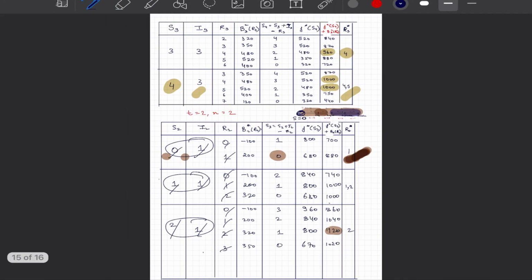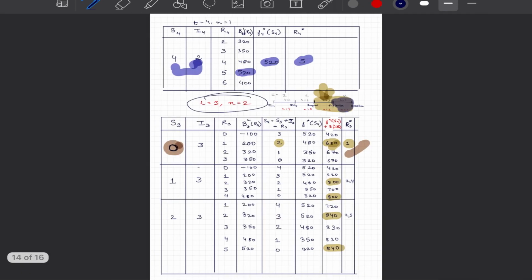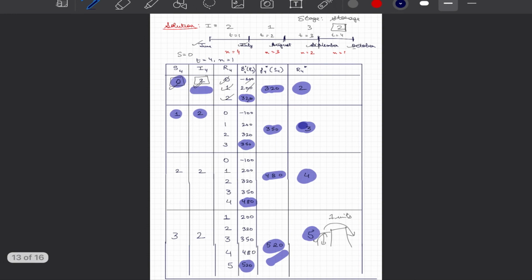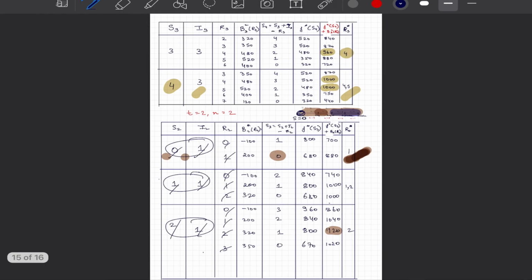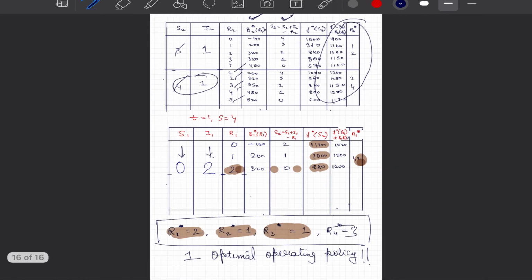That means if this state corresponds to 0, we say that the release that we have to finally make in this case is that 3 units of water are coming in. And if we go to the first table, our release is going to be the maximum possible value, which corresponds to the case of 3. And this becomes our optimal operating policy.